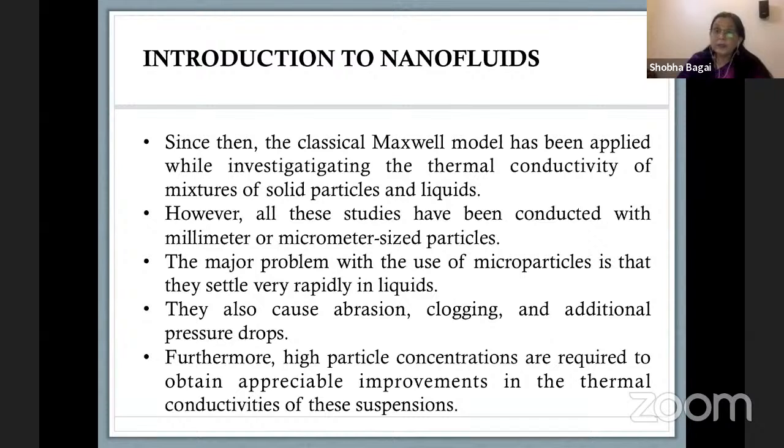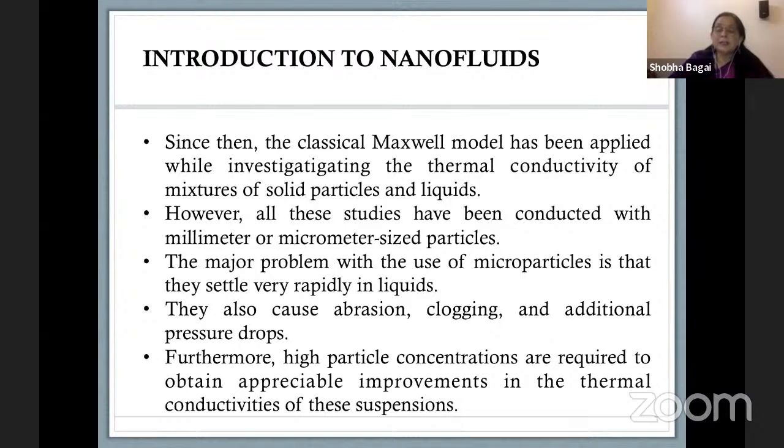But when they were applied to actual problems, certain issues arose. The first was that, compared to the fluid molecules, the size of these particles was big.